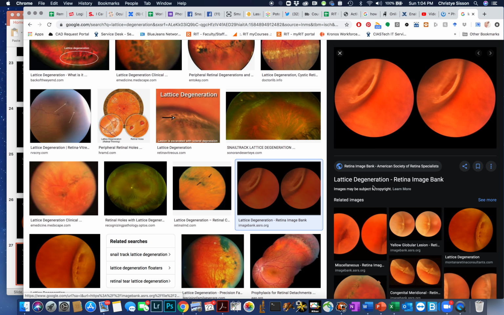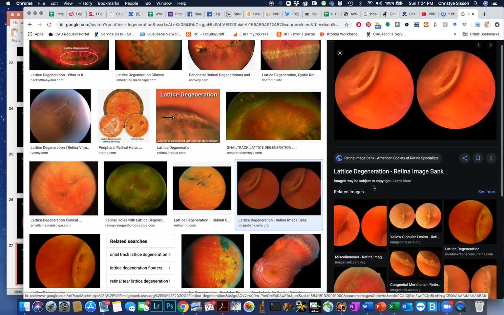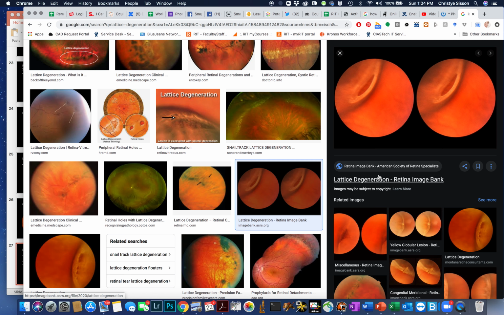And if I haven't mentioned it before, and I'll also post this on my courses, this is a great resource to look at additional images, because as we're going through all these different disease processes and looking at examples, there is such a thing as a textbook example, and that's often what I've tried to include in the book and in these discussions.